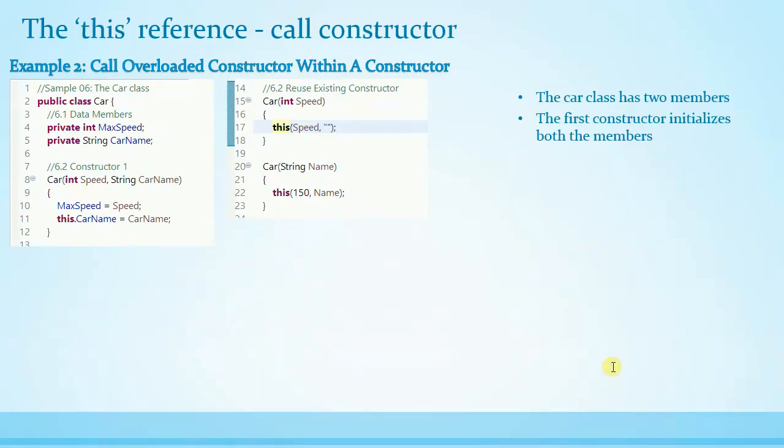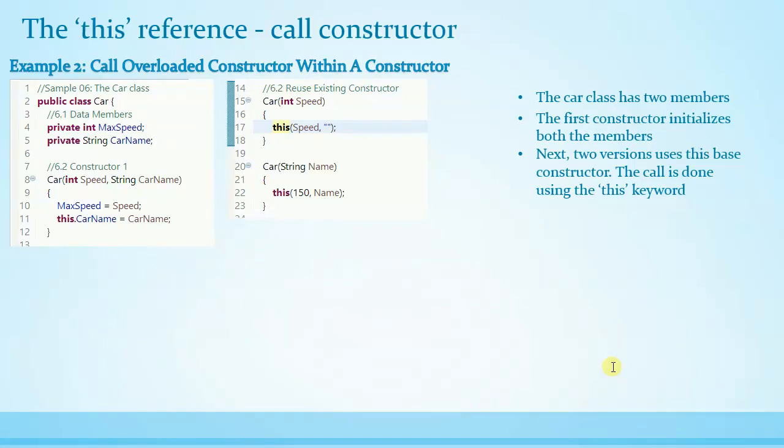Here you see there are next two versions of constructor. In the first constructor, the user may be giving the speed as well as a car name when they are constructing the car. But in the other two versions, they can give either one of these. That means they can create a car with only speed, or they can create a car with only name.